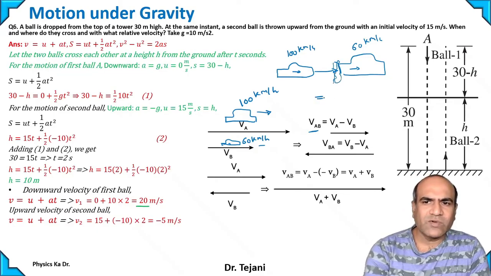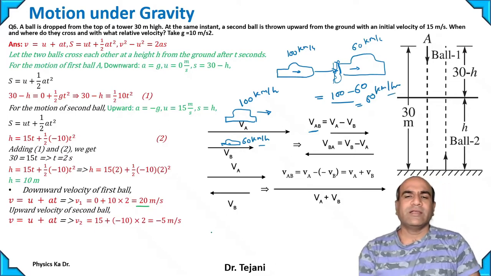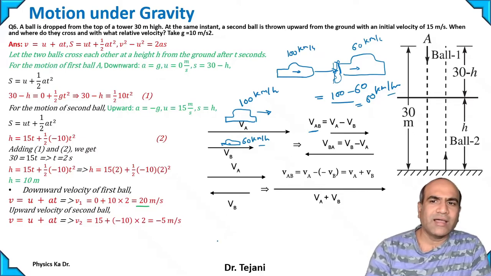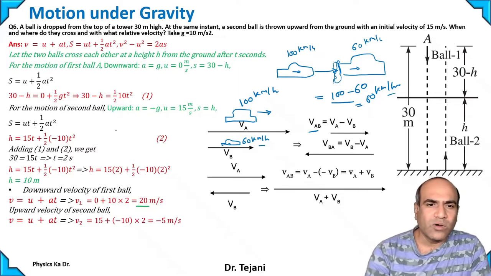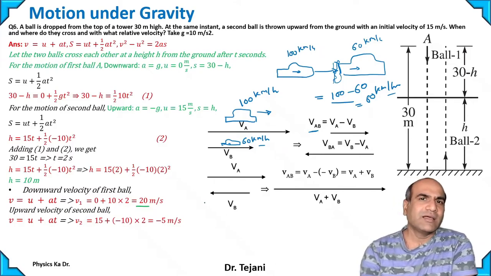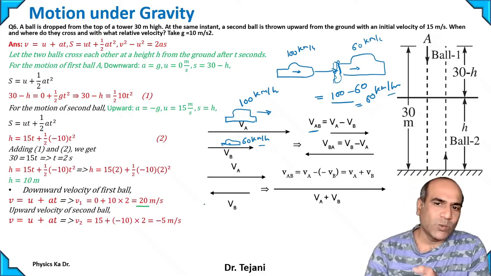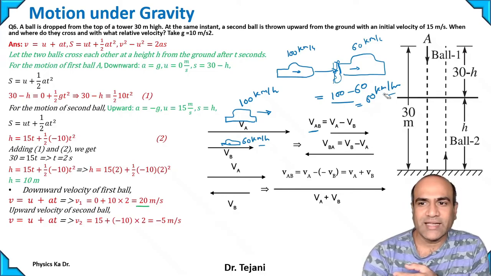So what is the relative velocity at that time? It becomes 100 minus 60. The impact is like 40 kilometer per hour. If you run the car at 40 kilometer per hour and strike a pole, the impact is equal. That is the relative velocity.